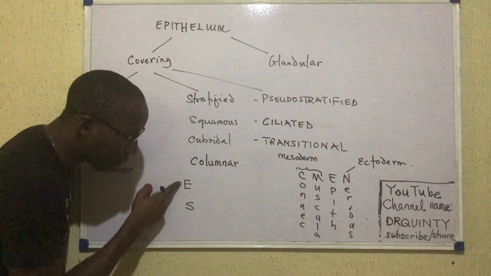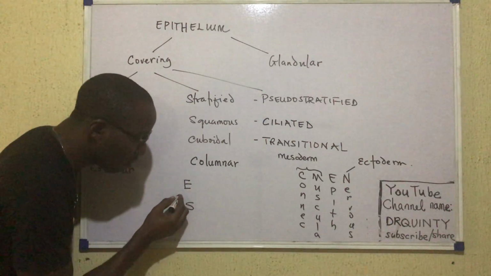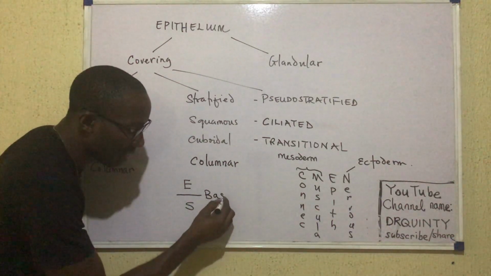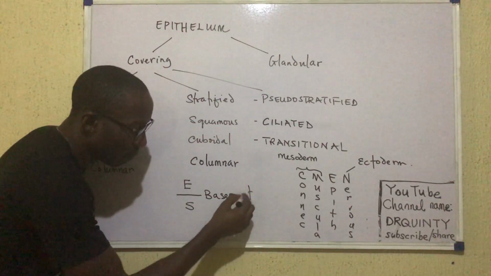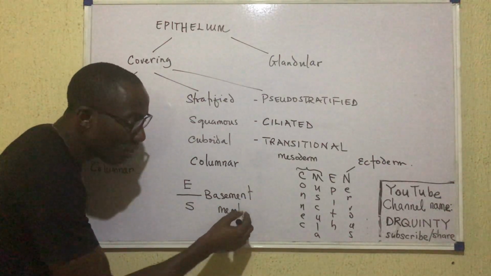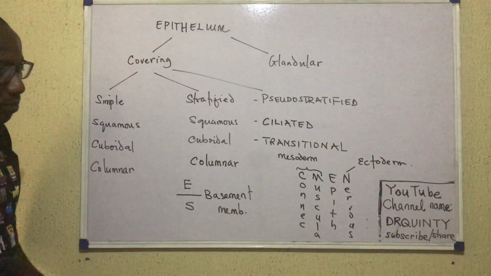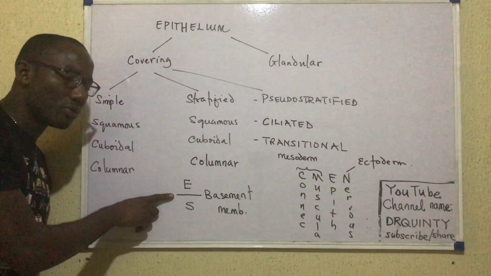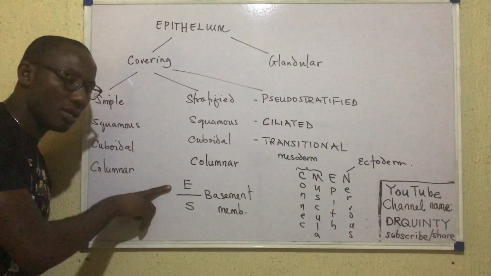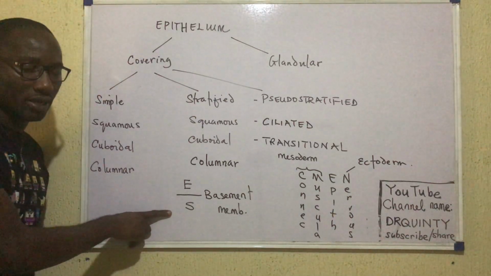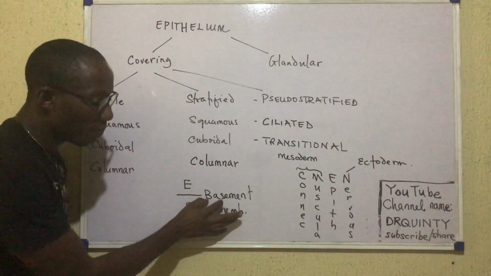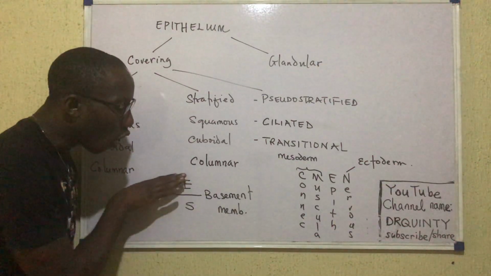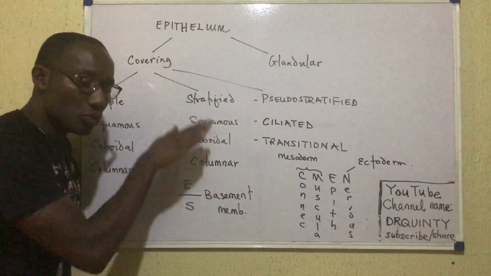Now, between that epithelium and the surface, there's usually a layer of tissue that we refer to as the basement membrane, which can be seen as a layer of tissue that separates epithelial cells from the surface they are lining. Or we could picture the basement membrane as a foundation, as a platform on which the epithelial cells would rest.